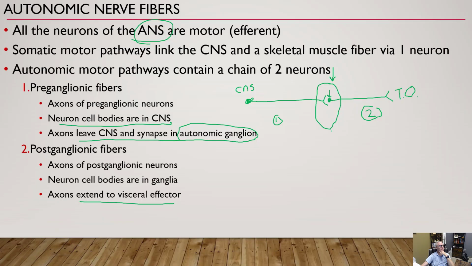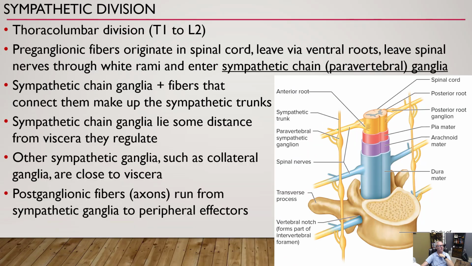All right, so just some of the slides that I skipped over. We have our sympathetic nervous system. So here's our spinal cord, and then we have these paravertebral ganglia. So we would have a preganglionic fiber that would come here, and then a postganglionic fiber that would go to our target organ.